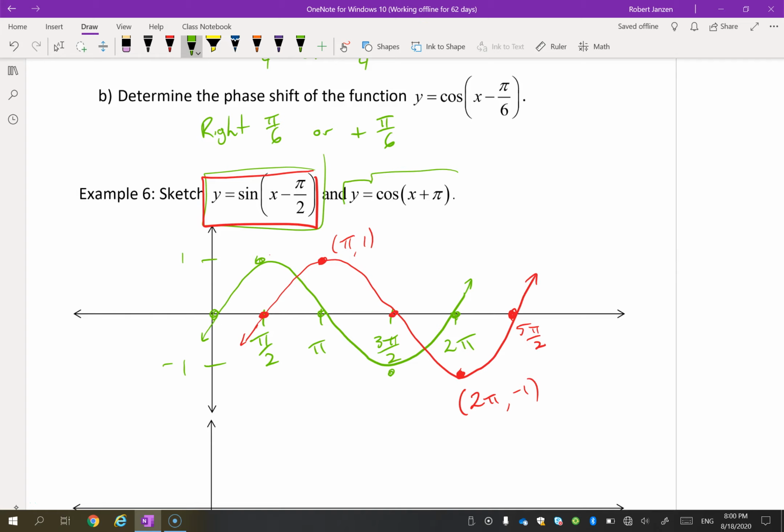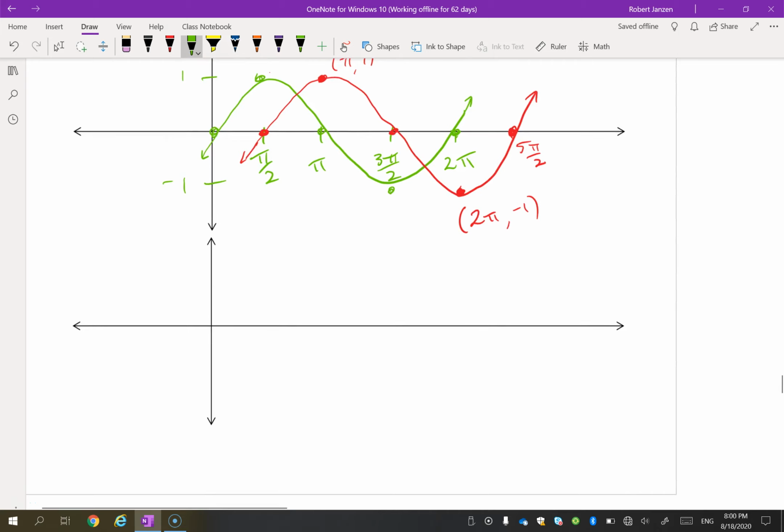Let's try this one. So this is a phase shift left pi. So we'll put the original cos graph. And since I'm going to move it left pi, I'm going to go backwards a little bit already. Okay, so here is the original cos graph.